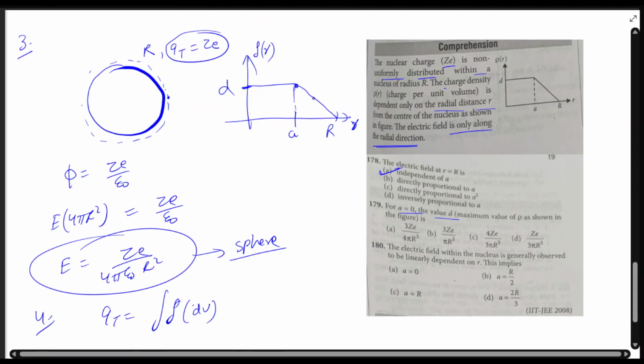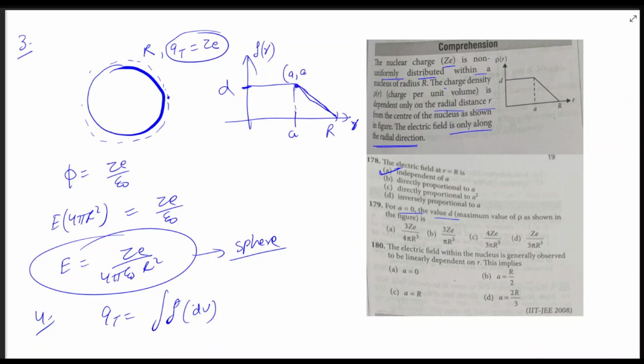Okay, perfect. So let's first write the equation of this line. Now this point is A comma D and this point is R comma 0. So the slope will be D by R minus A, with a negative sign. So rho will be minus D upon R minus A into X minus R, right?